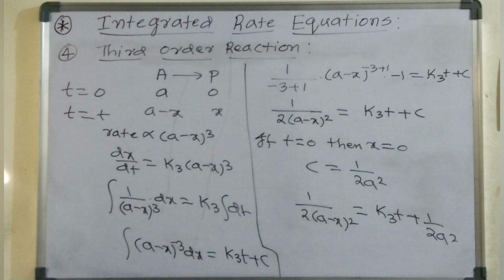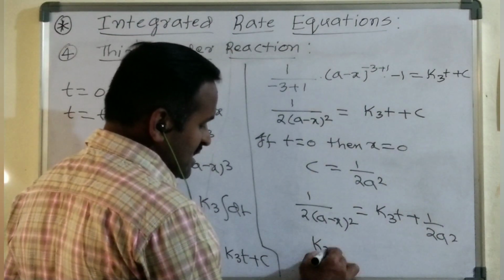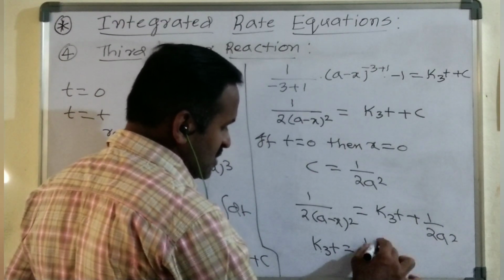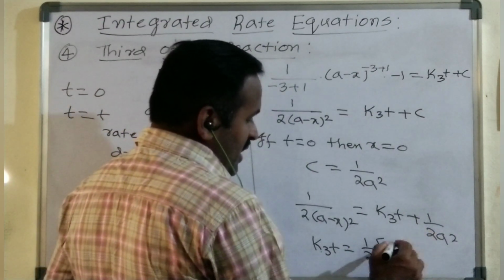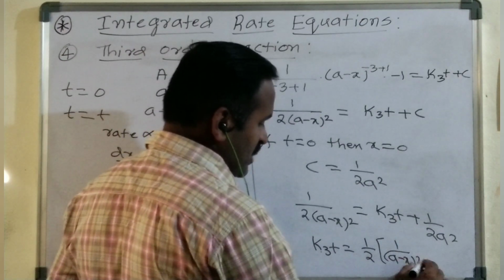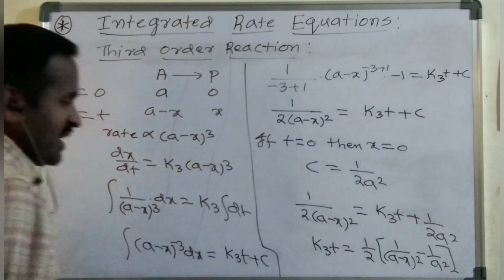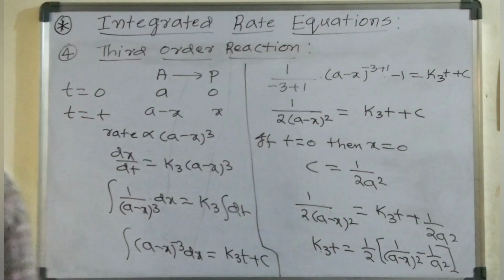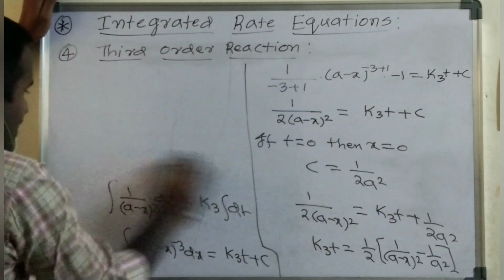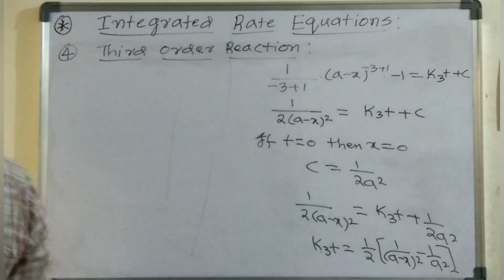If we take 1 by 2a square to this side, we get k3t equals 1 by 2, taken as common, into [1 by (a minus x) whole square minus 1 by a square]. Now we take the LCM on both sides.